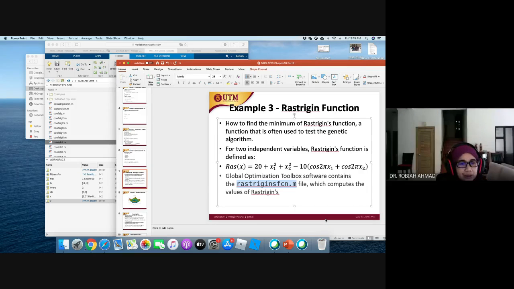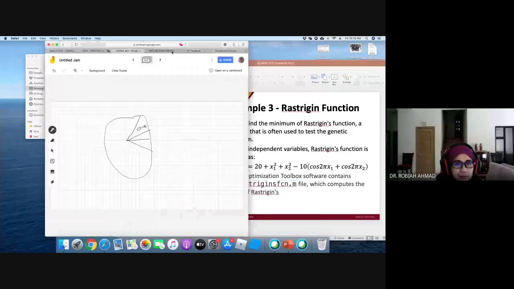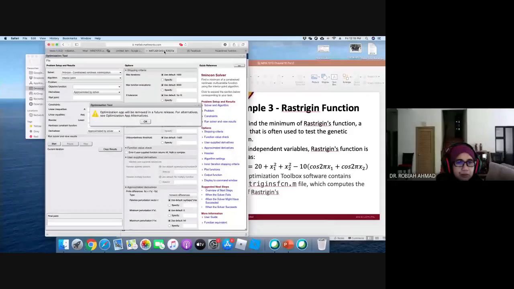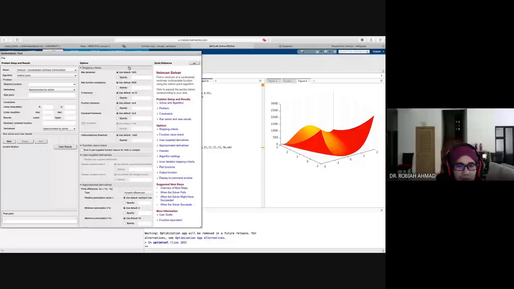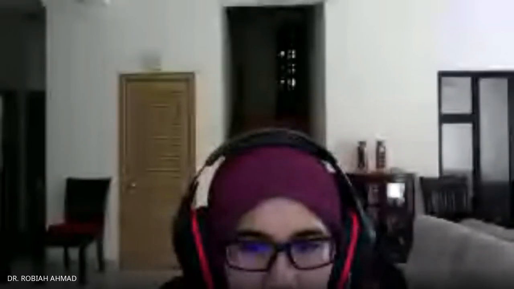Okay, that one, if I use the script file, now let us try. Oops. The limit is supposed to be 5. Let me change the limit first. It's 5 and 5.